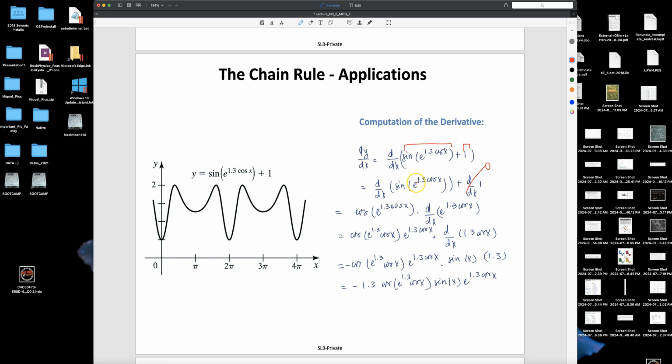Okay, now we're going to start applying the chain rule from here to compute the derivative of this composite function that we have here, sine evaluated in the exponential of 1.3 times cosine. As you can see here, we have this external function sine, this middle function, the exponential, and the inner function, the cosine.